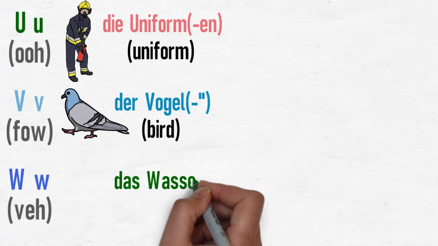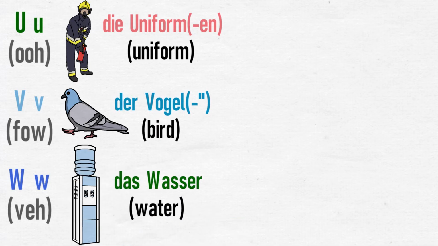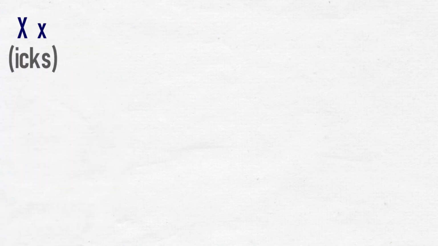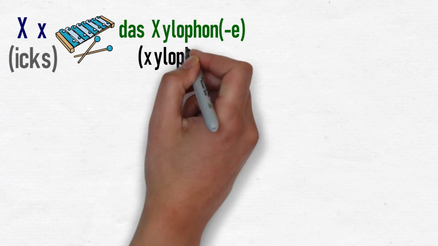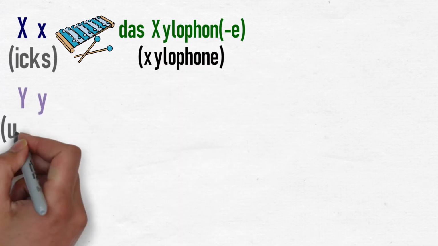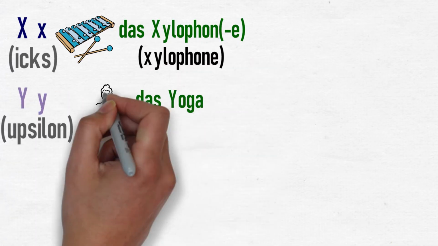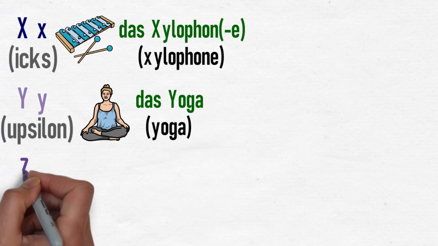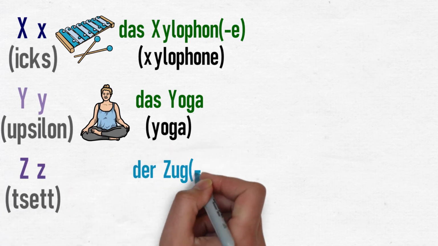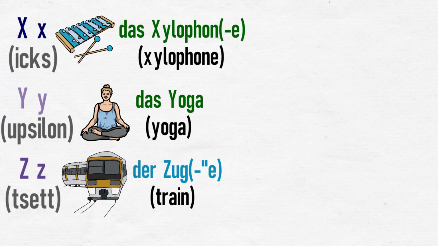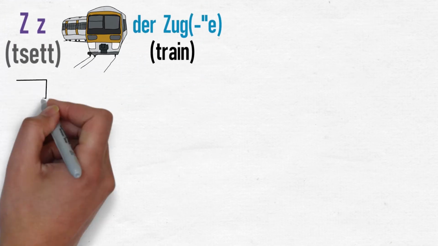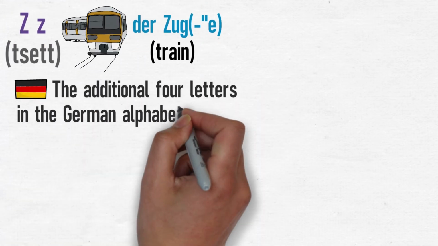W. Das Wasser, water. X. Das Xylophon, xylophone. Y. Das Yoga, yoga. Z. Der Zug, train. The 4 additional letters include 3 vowels and 1 consonant.